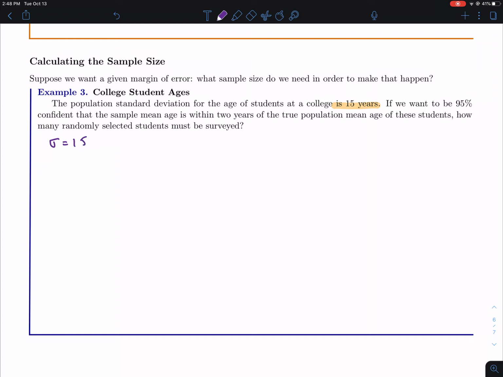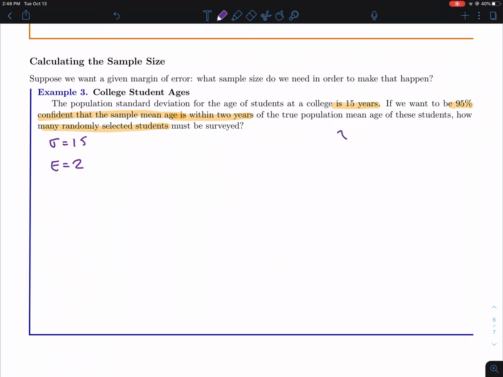And so if we want to be 95% confident that the sample mean age is within 2 years of the true population mean age of these students, how many randomly selected students must be surveyed in this case? So in this case, the E is 2. So we only want to be 2 years away from our thing.